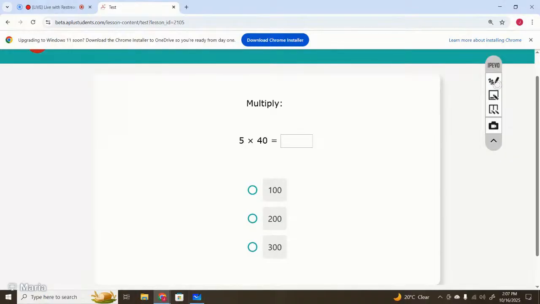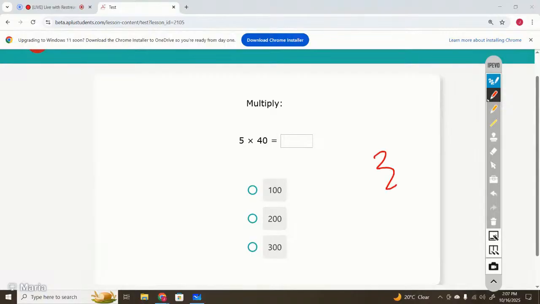You need to multiply 5 times 4. 5 times 4 is 20.